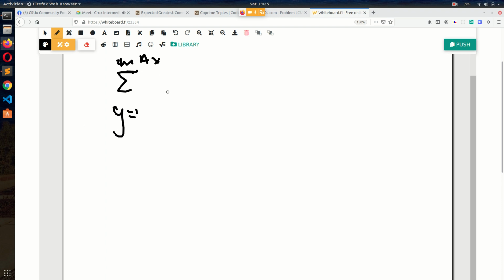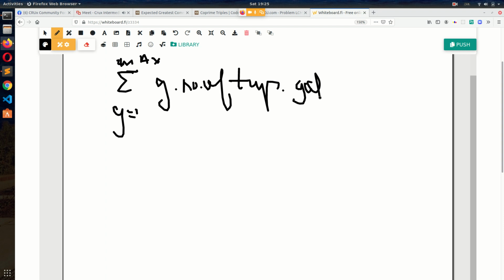The sum can be transformed into g times the number of tuples which have GCD equal to g. Yeah. So how do we do this?